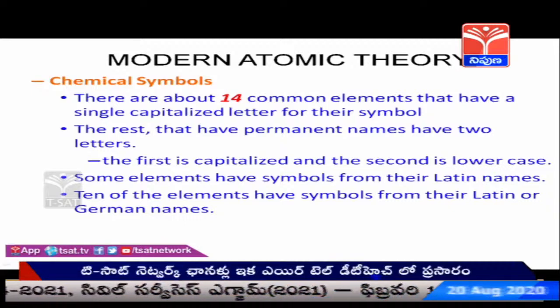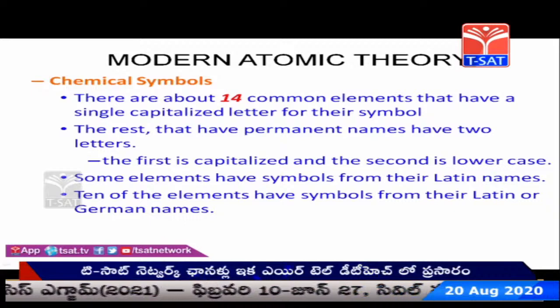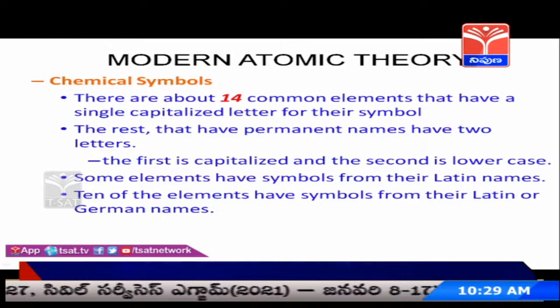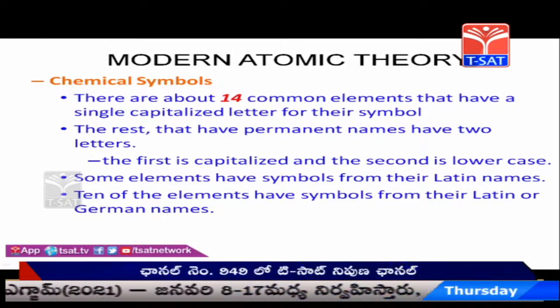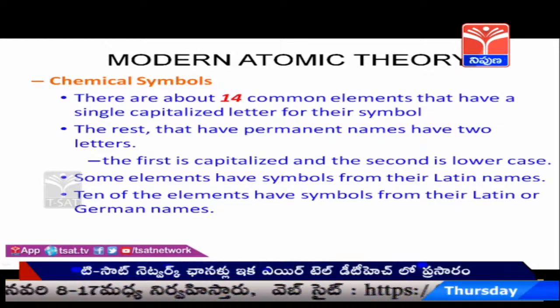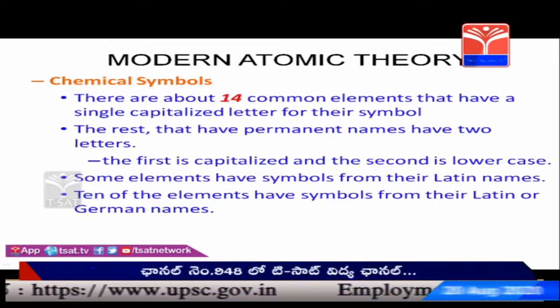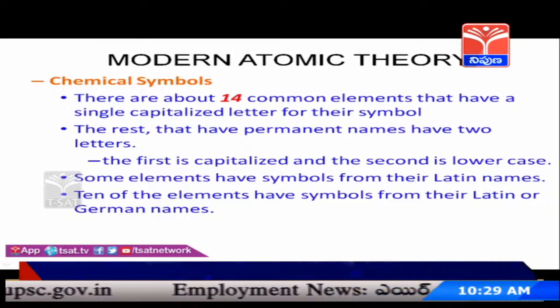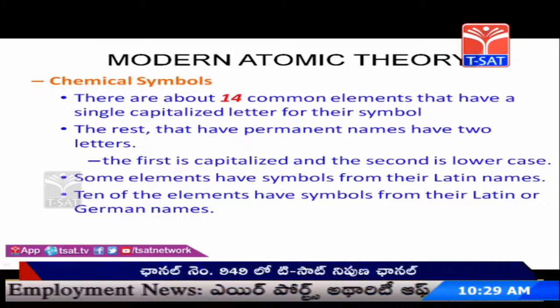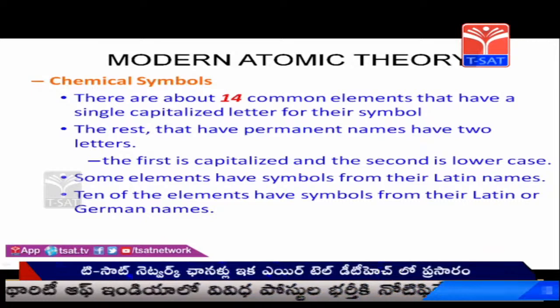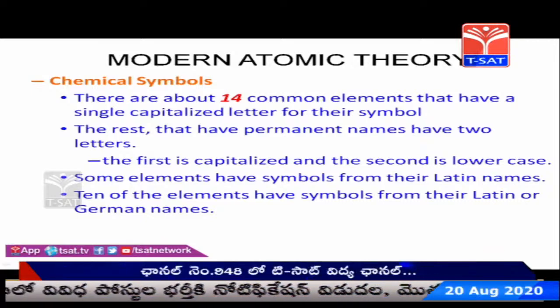In the previous slide, we have seen the scientists used to give symbolic representations to denote sulfuric acid or zinc, gold, like that. Day after day, as time went on, several scientists invented an enormous number of compounds and many elements.